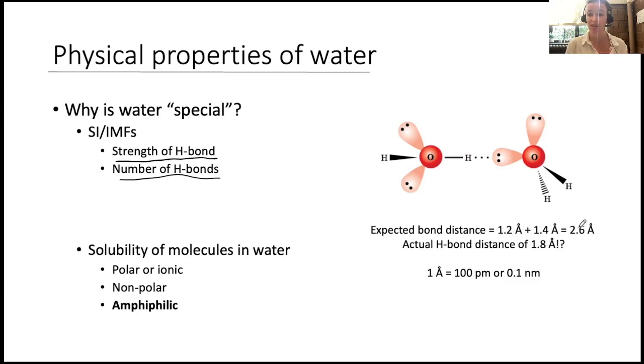Just based on something that chemists know about bond distances, we would expect the hydrogen bond interaction to be about 2.6 angstroms. But the actual hydrogen bond interaction is 1.8 angstroms, so it's short. That short distance makes it very strong, especially due to the electronegativity difference between that oxygen and that hydrogen. We have those poles interacting very well.